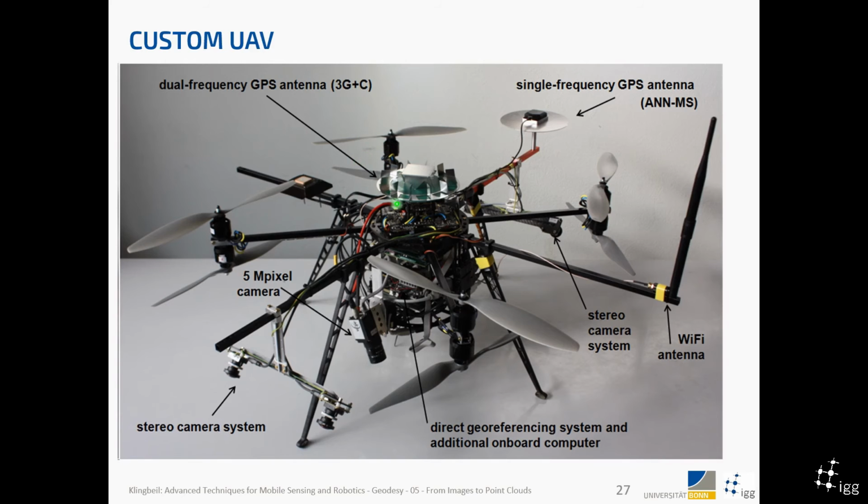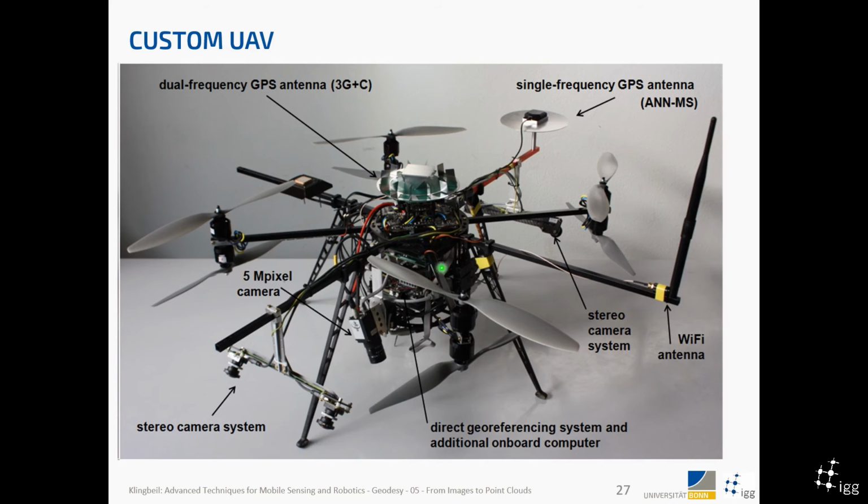What we had on the UAV was a dual frequency GNSS antenna, this one here. We had a single frequency GNSS antenna, this one. Then there were stereo cameras at the front, pointing to the front and to the back, here and here. And there were fisheye cameras, to see a lot of the environment. Then we had a direct georeferencing system, which I will explain later.